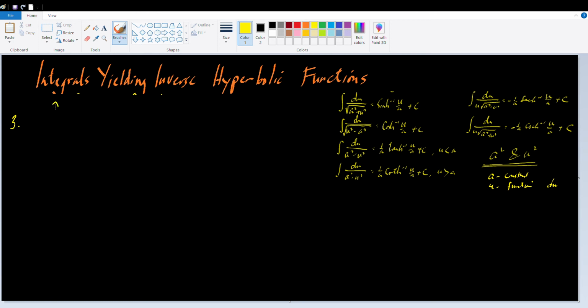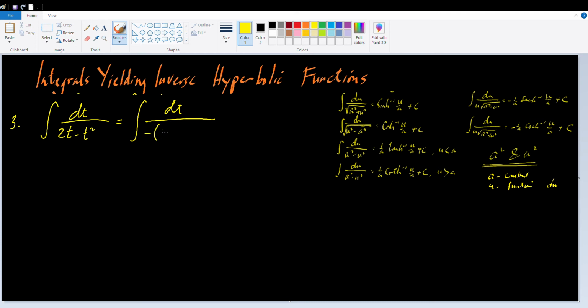We evaluate the integral of dt all over 2t minus t squared. So what we are going to do here is complete our denominator as a perfect square trinomial by first factoring out -1.